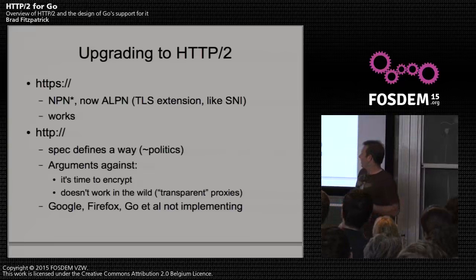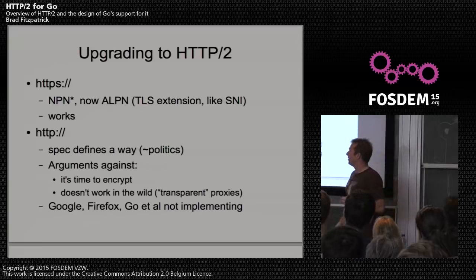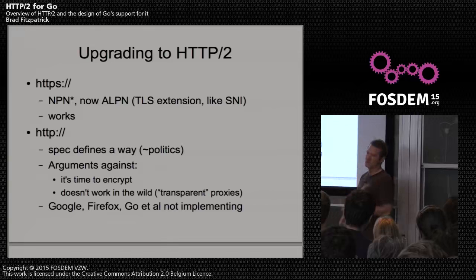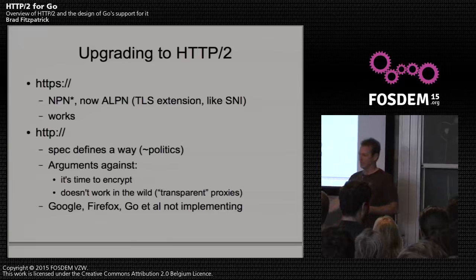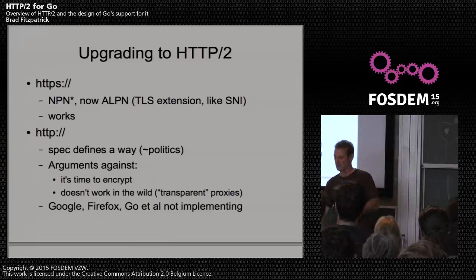So anyway, in practice, for political reasons, as far as I can tell, there's support in the spec for upgrading from HTTP, but of IE, Firefox, Chrome, and the Google servers, nobody's implementing this. I'm not planning on implementing this. No servers and no clients are really implementing it, but it's in the spec. So we will ignore that. Effectively, it's HTTPS only. Maybe with Let's Encrypt, more people will have certs by default.